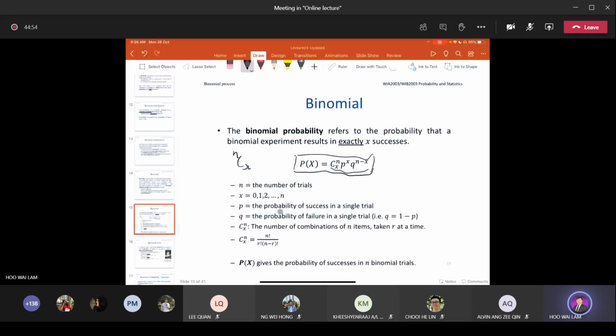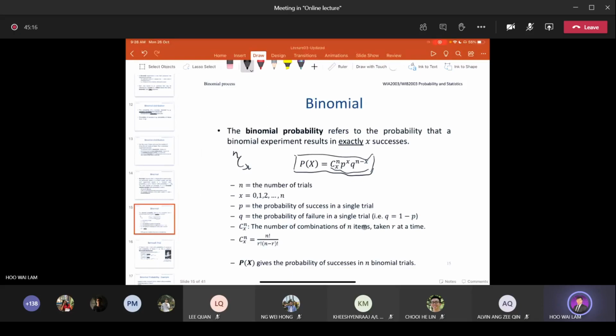Then, the probability of success in a single trial, which is already mentioned to you. If using a coin example, it's 0.5. The probability of failure in a single trial, Q, is calculated by 1 minus P, so this is replaceable. If we're using a coin example, it's 0.5 again.